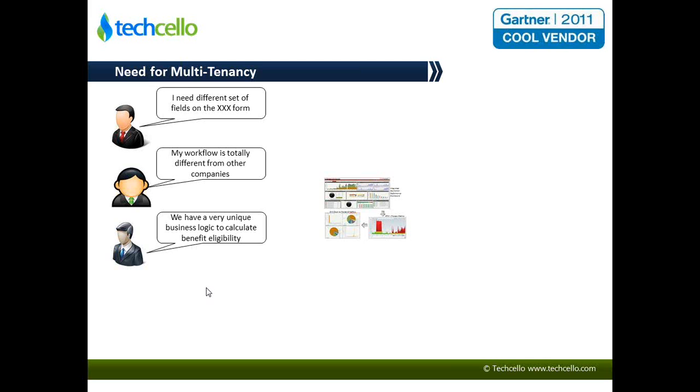Now, this is not a simple scenario, because you can try to write your code generic enough, but in some instances the requirements of these customers can totally vary as well as contradict each other, right? For example, the way you calculate benefit eligibility for one customer could be totally different from, and contradict, the way you do it for another customer.